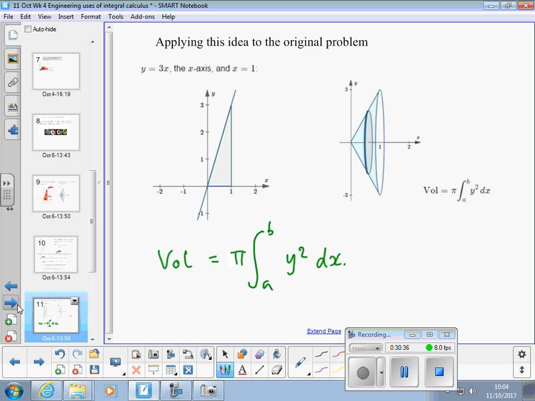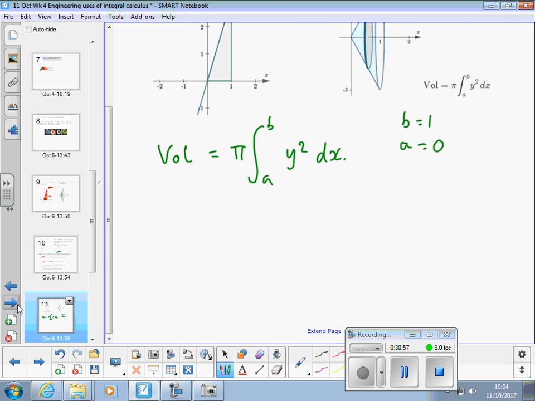In this case, b is equal to what? Yeah, it's 1, and a is equal to 0. They're the limits of our integration.